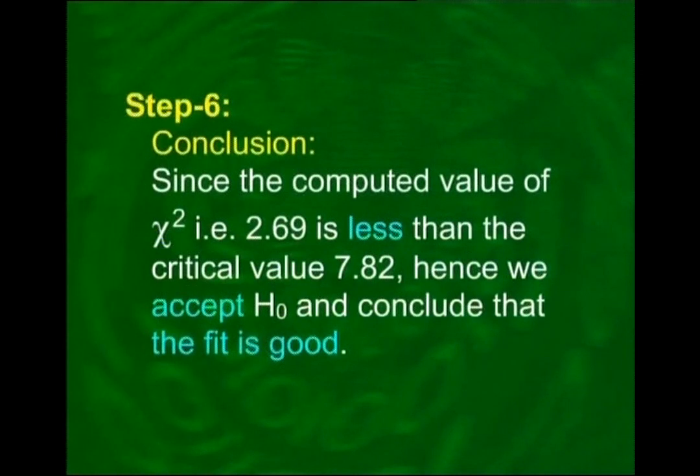The last step is the conclusion, and students, since our value 2.69 is less than the critical value, therefore, we accept H naught and conclude that the fit is good.